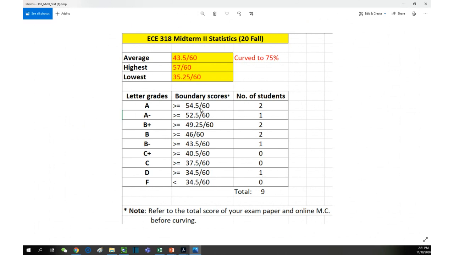And here are the number of students. Basically, most of you did a fairly good job. However, we have 9 students, 30%, 1/3 of you, at or beyond A minus. Not bad, but it could be better.